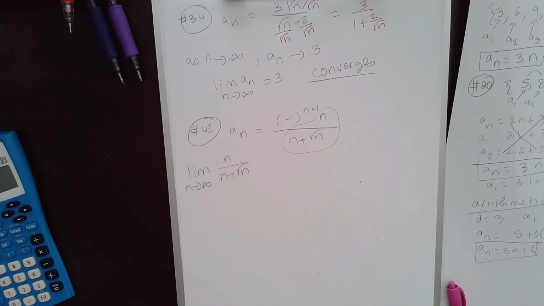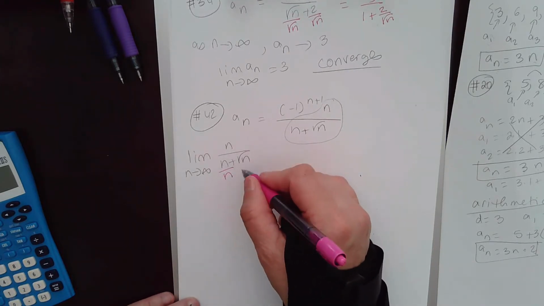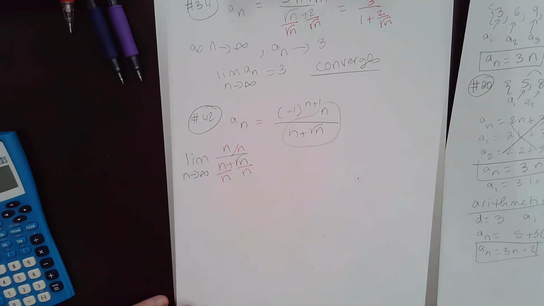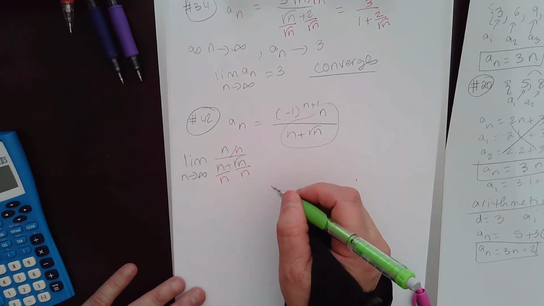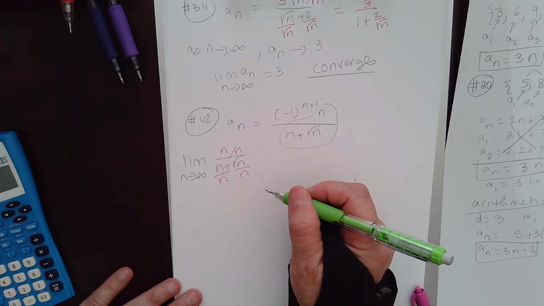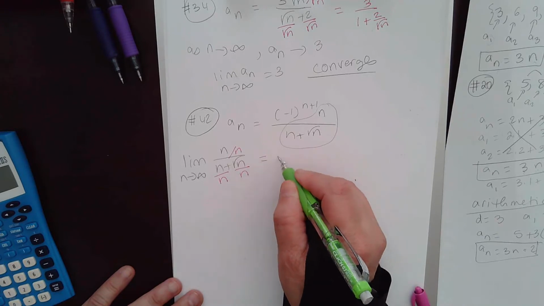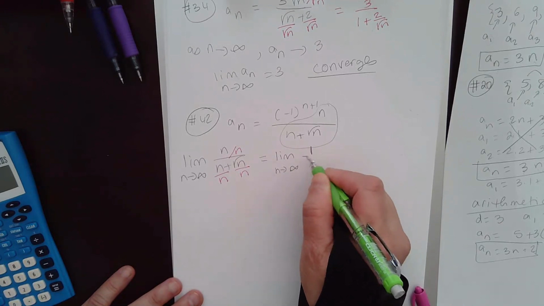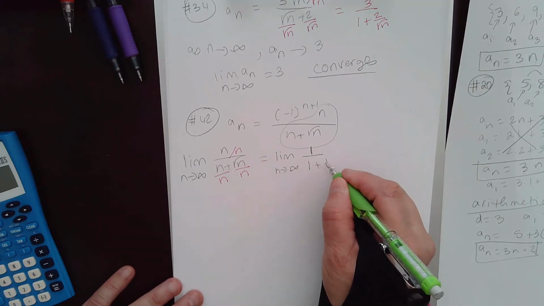So divided by the greatest power in the denominator, so this is square root of n divided by n, divided by n, divided by n. And what does that give us? The limit as n approaches infinity, that's 1 over 1. So wouldn't that be the same as 1 over square root of n?